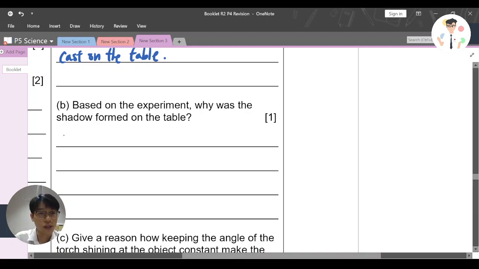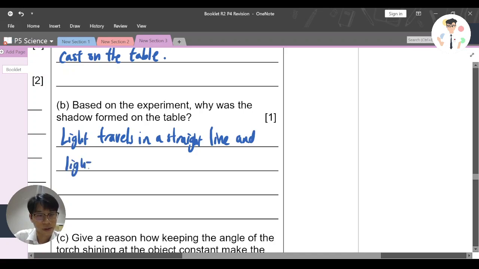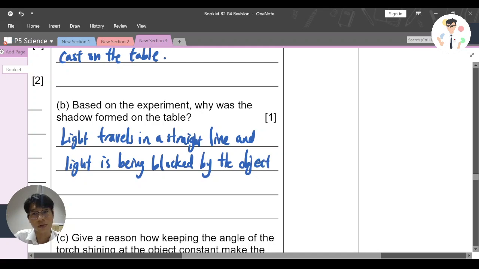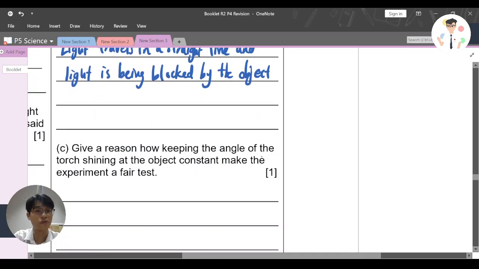Okay, so we know that light travels in a straight line, and light is being blocked by the object. That is basically the whole idea of why shadows are formed.